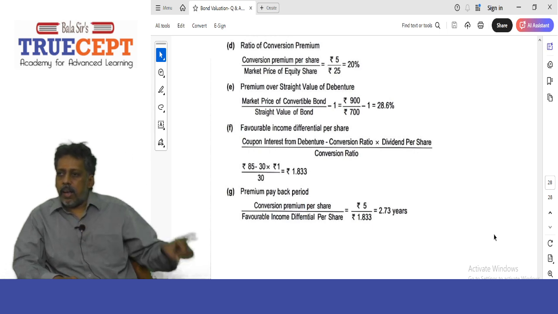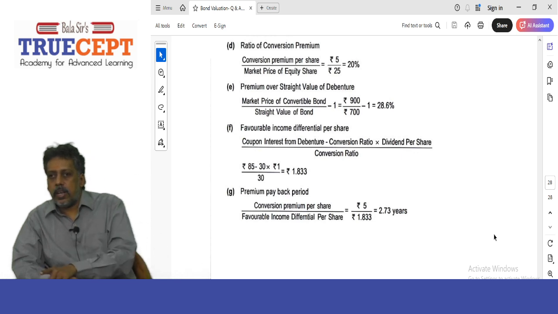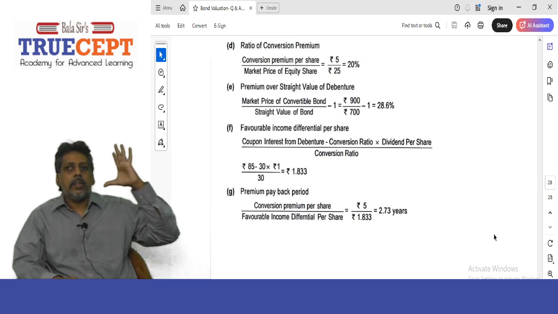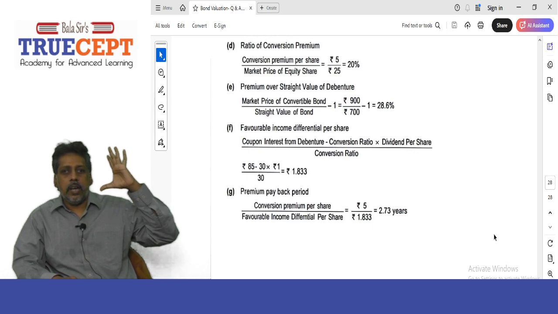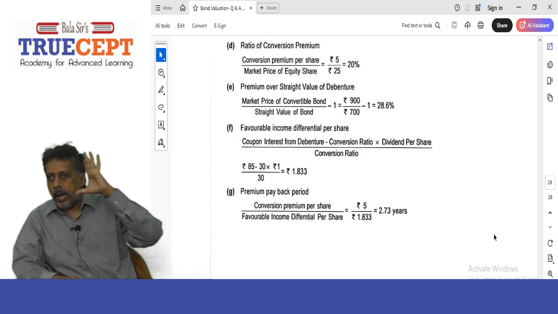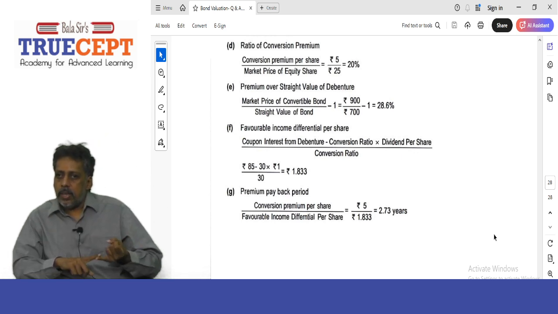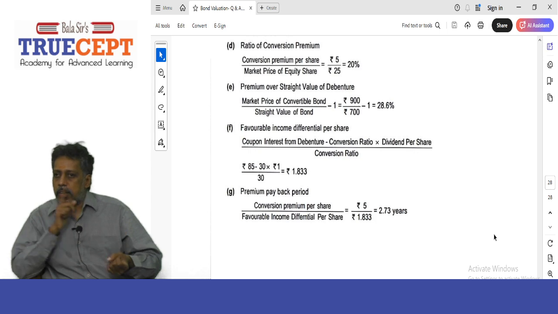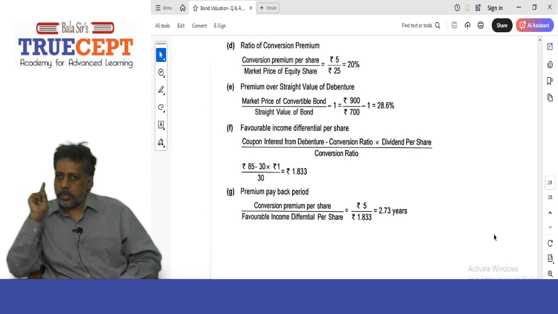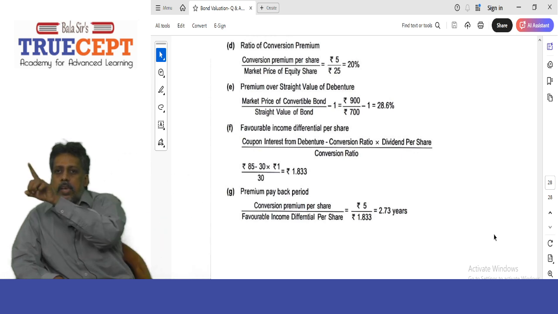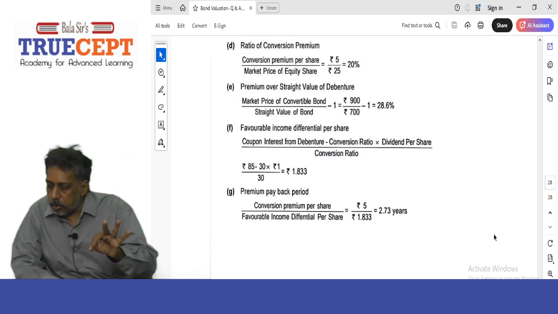Now, what is a favorable income differential? Nothing but the coupon income on the bond minus the dividends you would have earned had you bought the 30 shares, that is, conversion ratio into dividend per share, divided by 30 shares. Yes or no? Yes, sir.